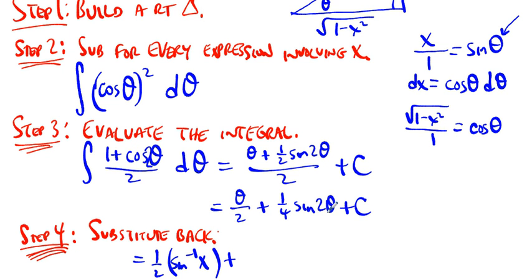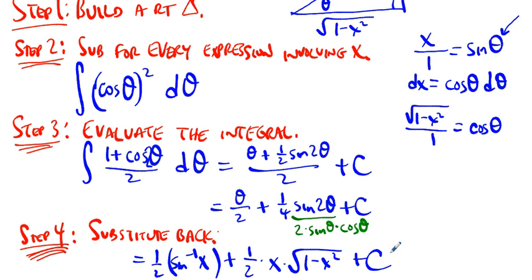And then sine 2 theta. Well, you may remember from your trig work that that's 2 sine theta cosine theta. That's really nice to have handy because 1/4 times 2, I can do that. And then sine theta, that's easy. Cosine theta, that's easy. And we're done. Oh, this is ugly, don't get me wrong, but we're done.